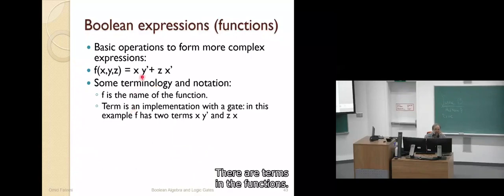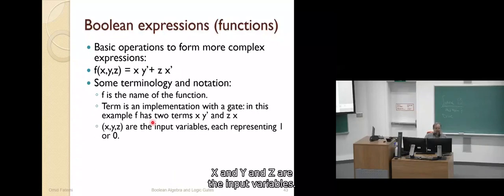There are terms in the functions. Now we have two terms here: one term is x y prime, the other is z x prime. So we use the products, the ANDs, as a term. A term is an implementation with a gate. In this example, F has two terms, x y prime and z x prime.